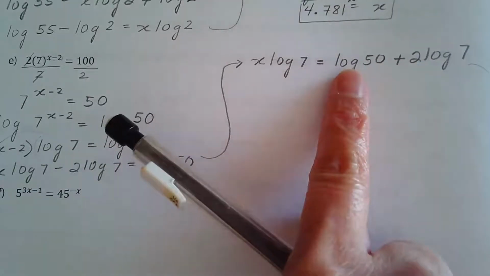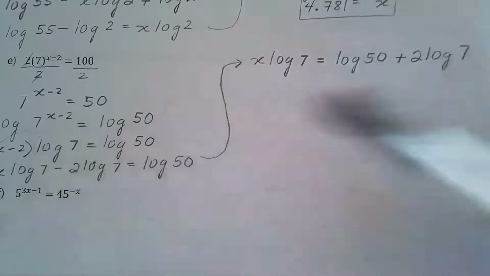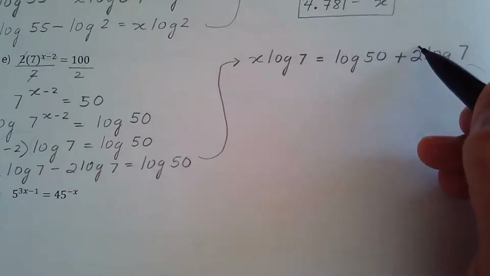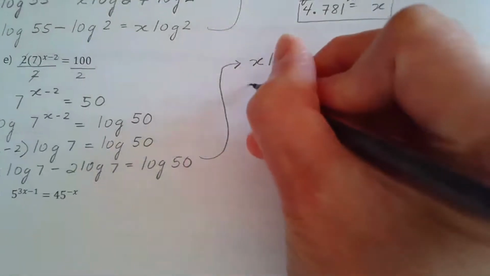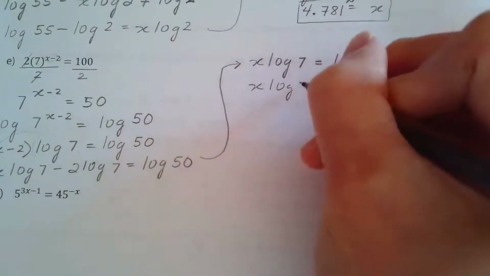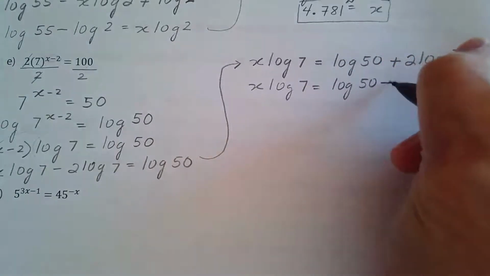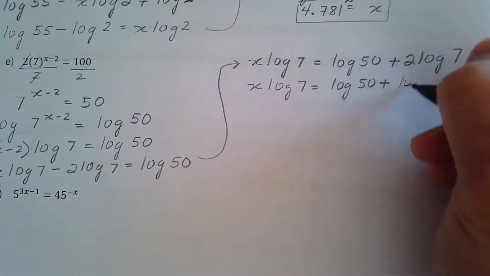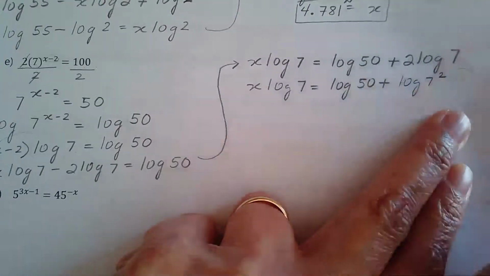Let's see, log of 50 plus 2 times log of 7. I can rewrite this and bring this over there as an exponent for 7. So it's x log of 7 equals log 50 plus log of 7 squared, which will give me 49.